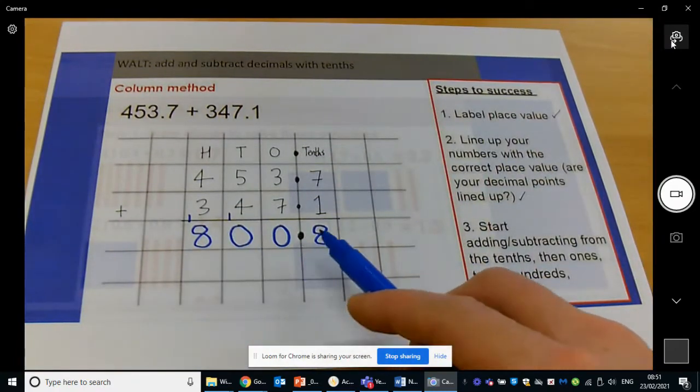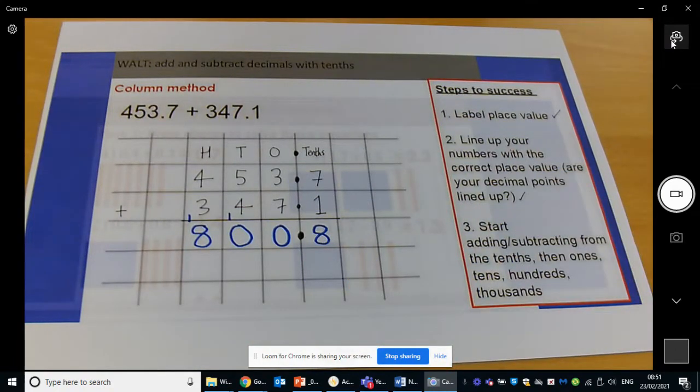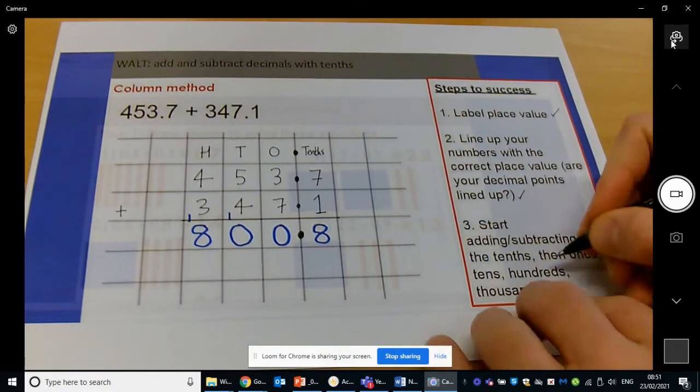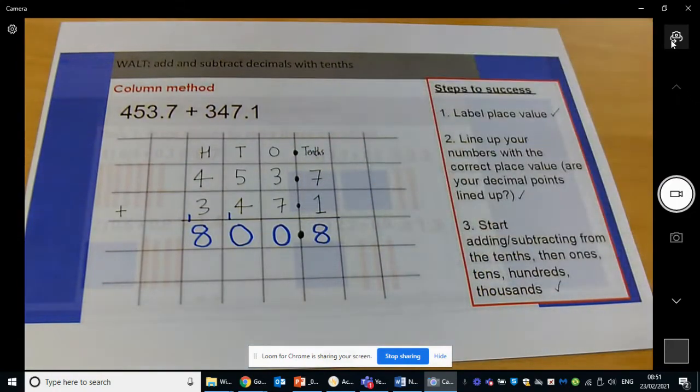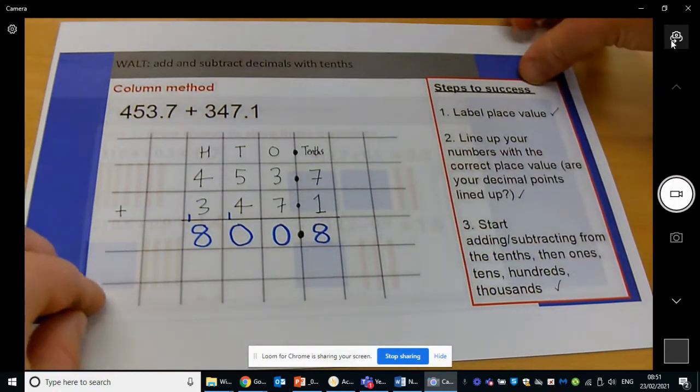So it is 800.8. And it's really, really important, and I cannot stress it enough, that we have those decimal points going all the way down, because otherwise your answer is not going to make any sense.